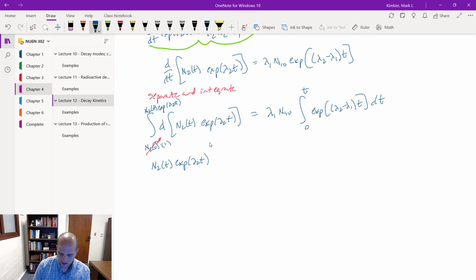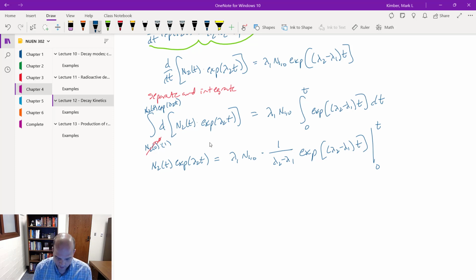The right-hand side is going to be lambda 2 minus lambda 1 times the exponential of lambda 2 minus lambda 1 t, and then we integrate that from 0 to t.